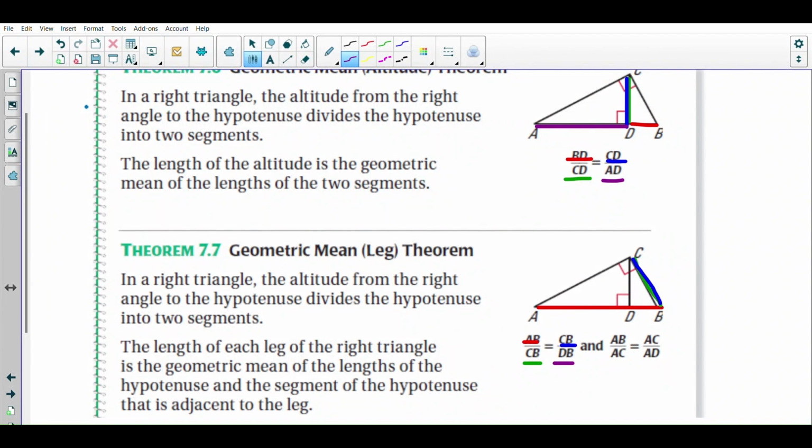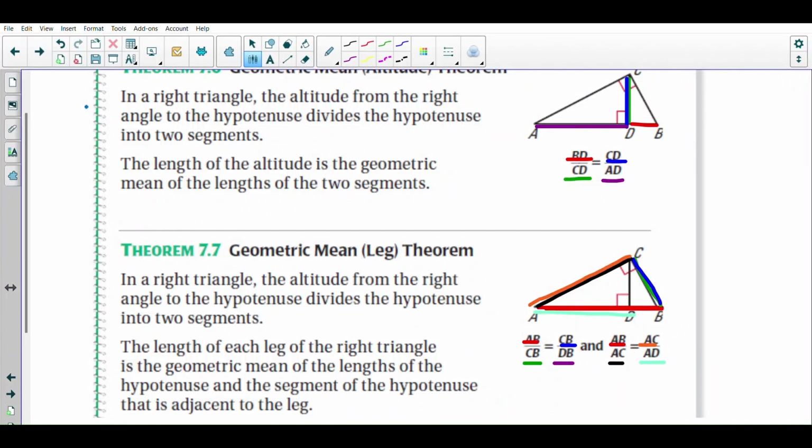Okay, and then if we follow the exact same thing here, AB over AC is equal to AC over, and let's pick a color here that we can use, AD.